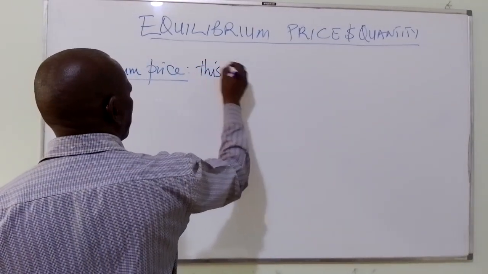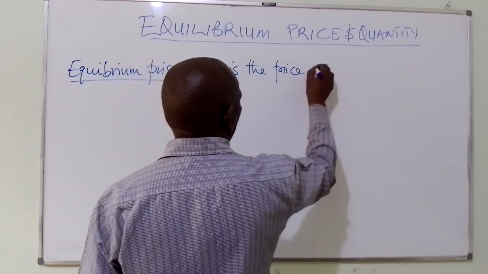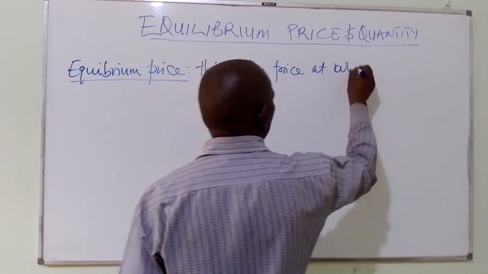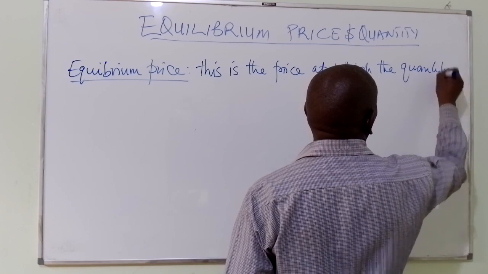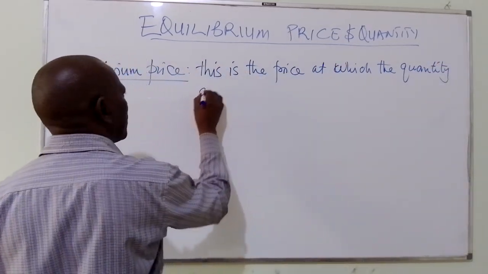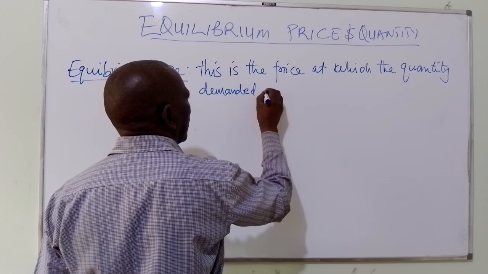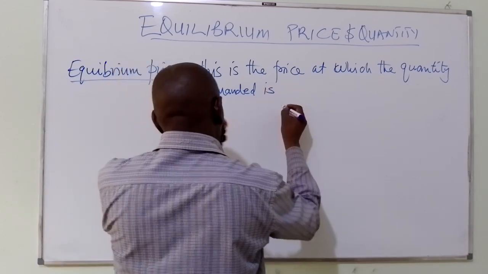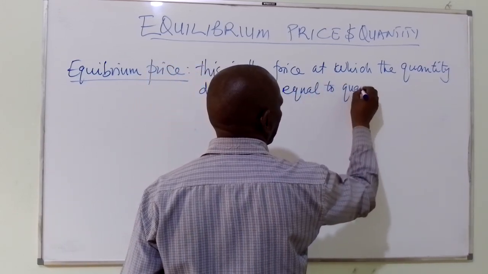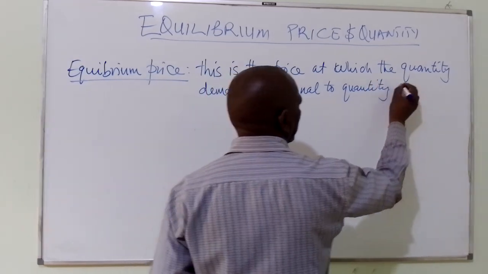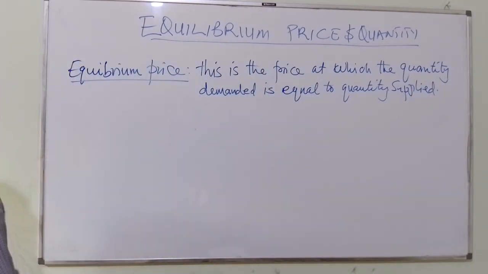This is the price at which the quantity demanded is equal to quantity supplied. That is the equilibrium price.